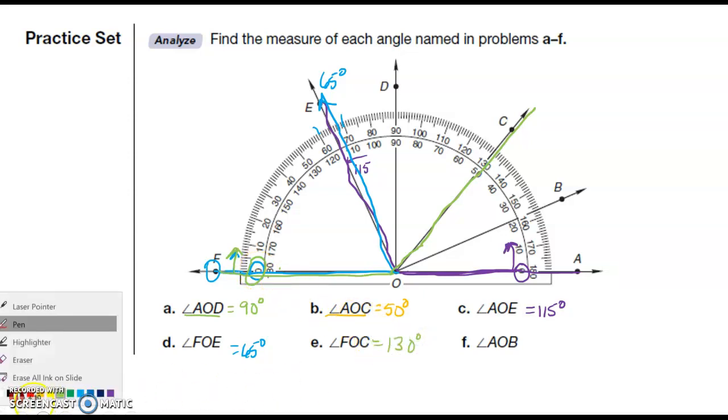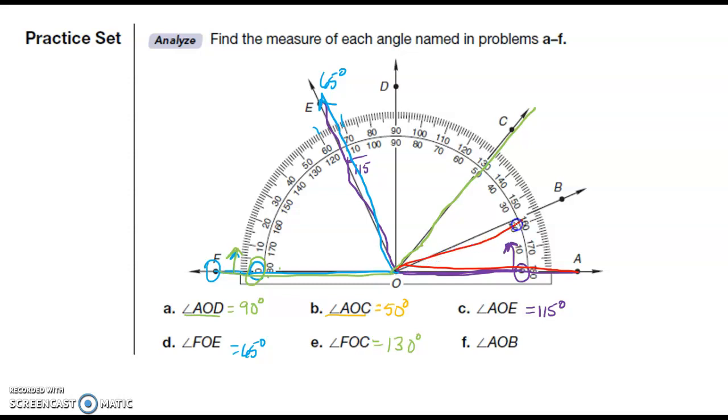And the very last one, AOB. So again, we're on this side, so we're going to start with our 0 and use the inside scale. And that goes to, if I could draw a straight line, 20, is that 20 or 25? Okay, I've got to erase it. I can't see it.